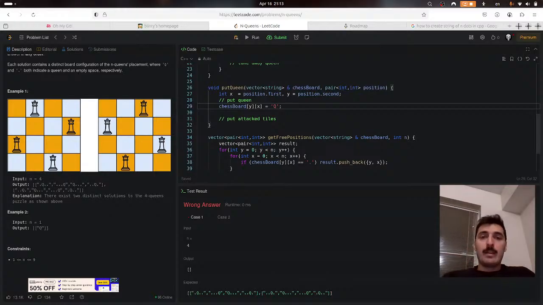Now we need to put attack tiles. We also need size here.